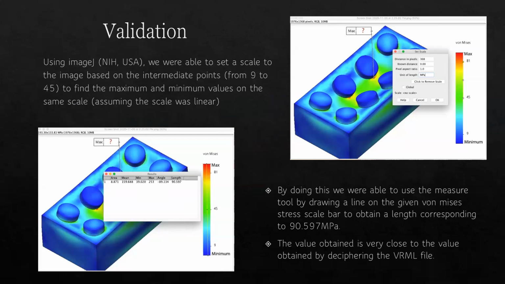Now, however, looking at the image, it's very hard to say as to where the stress is applied. So we tried applying stresses over the cylindrical faces on the top, and also on the flat face, just a plane below that cylindrical face.